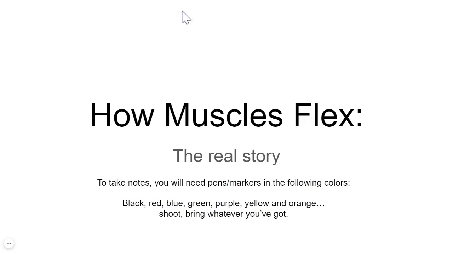I'm going to get out of the way here. All right, so it all starts here with my massive muscular arm. And that muscular arm, that is a true picture there, has in it, of course, these little striations we call muscles. Okay, so the muscle is right there.